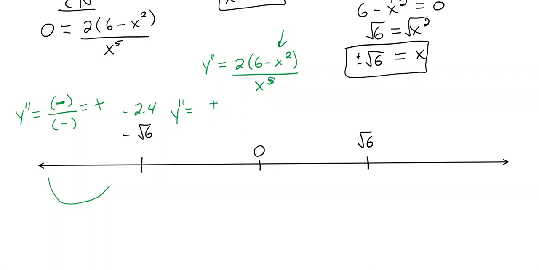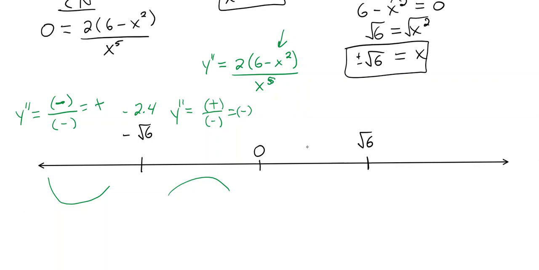So we've got positive over, and then negative 1 to the power of 5 is coming out negative. Again, the 2 didn't really matter there. So this is going to come out negative. So in this section, we're going to be concave down because this is coming out negative.